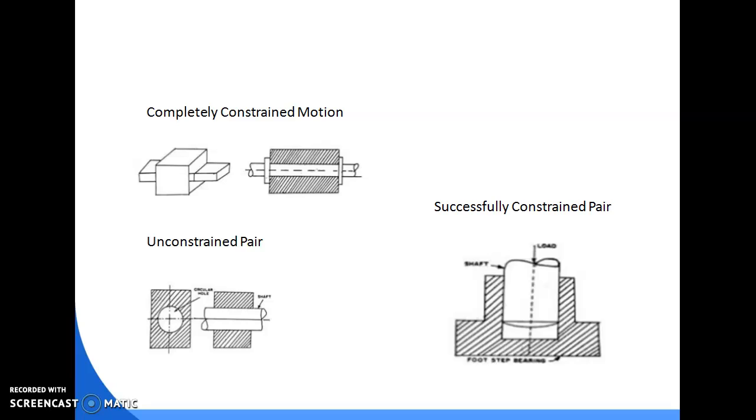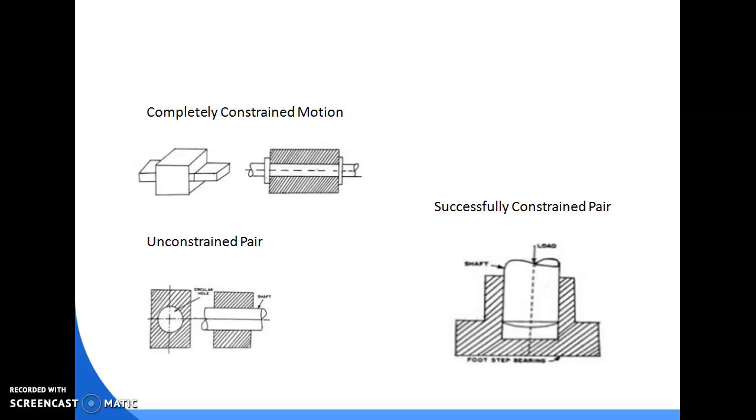This shaft can slide inside the hole, and also it can rotate in clockwise or anti-clockwise direction. So various types of motion are possible between this shaft and this hole. So this is incompletely constrained motion, or we can say this is an unconstrained pair.